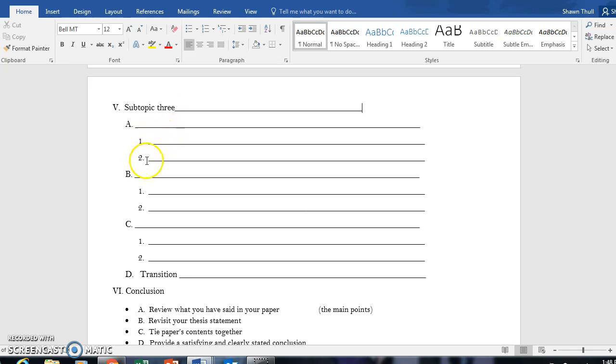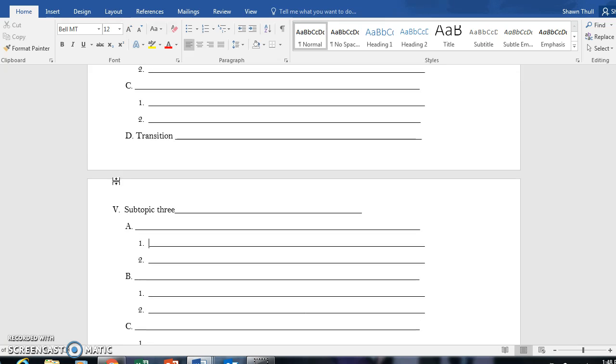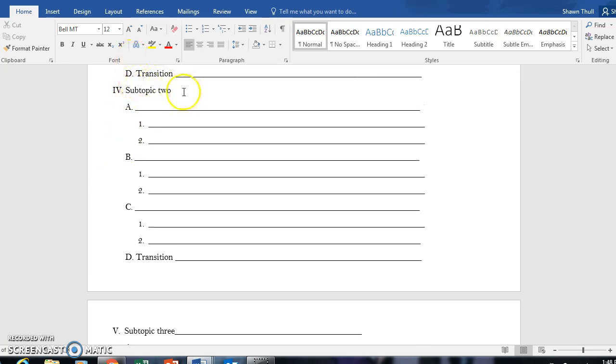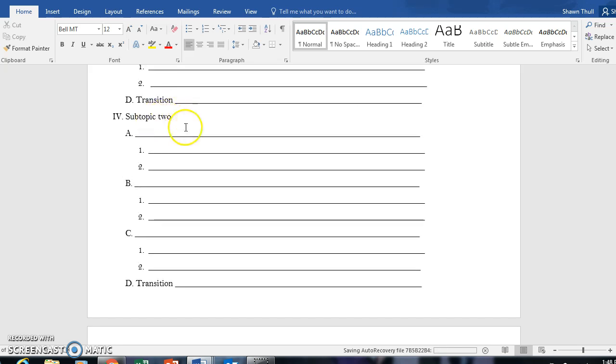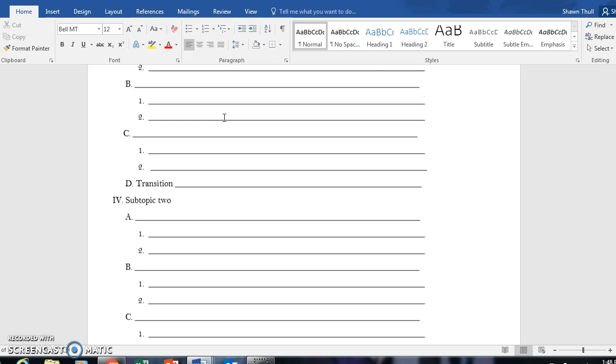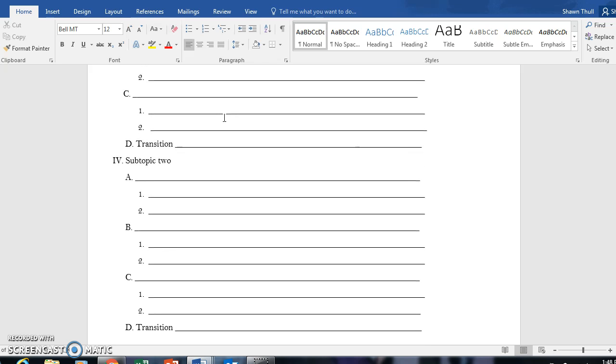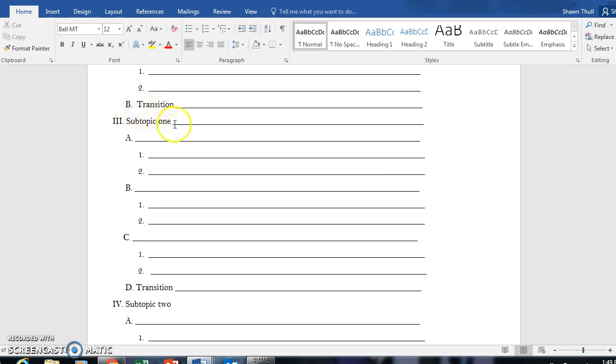And then for 1 and 2, when you're in here, these are like the details that are going to be specifically from your note cards. So I would try and figure out what your major subtopics are going to be, 1, 2, and 3, and then take a look at your note cards, divide those into 3 separate piles for subtopic 1, 2, and 3, and then once you've got them divvied up, go through and take all of the ones for subtopic 1 and see if you can organize those cards into 3 different paragraphs, and then fill in those ideas there.